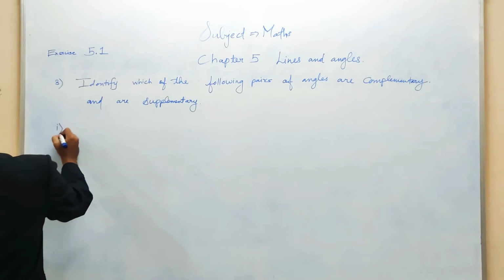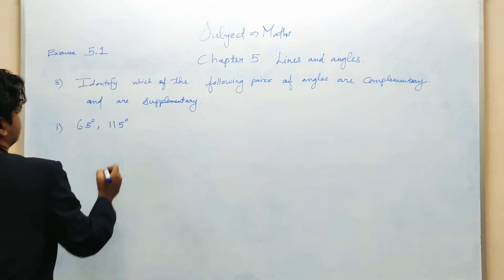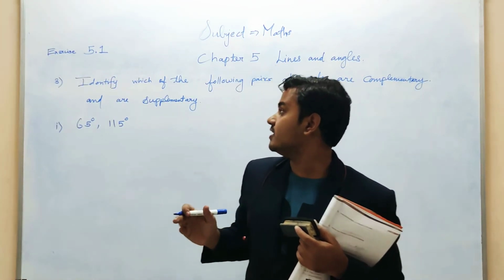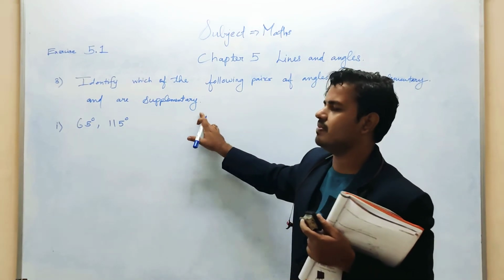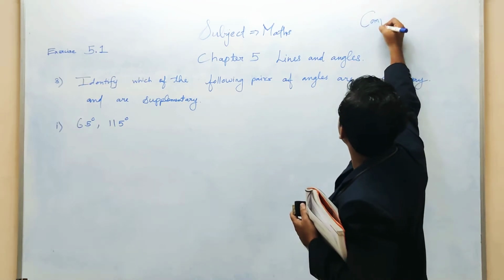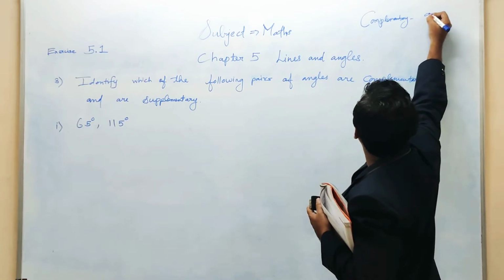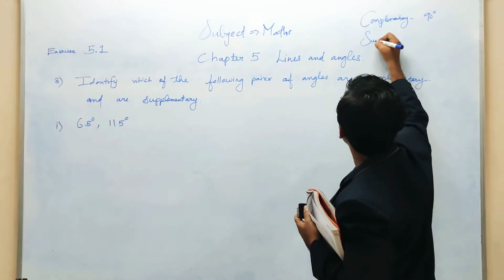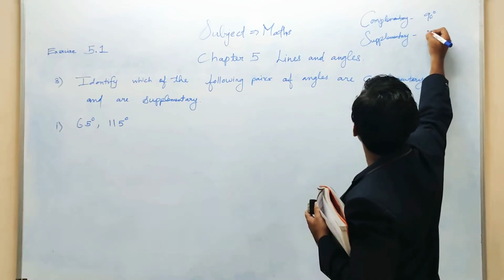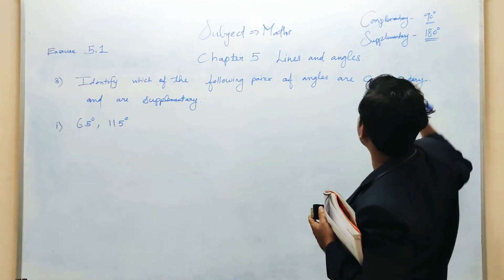So first example is 65 degree, 115 degree. Here, first of all, you must remember the definition of complementary angle and supplementary angle. Complementary means two angles having a sum of 90 degree, and supplementary means two angles having a sum of 180 degree.